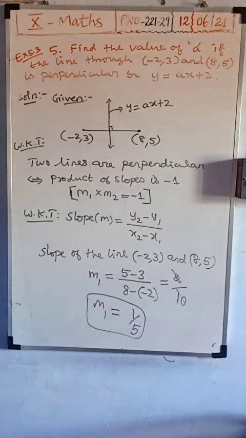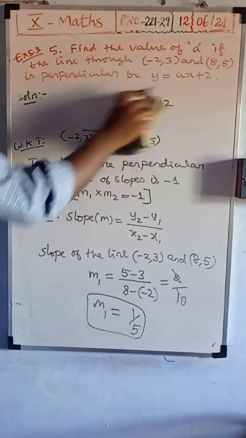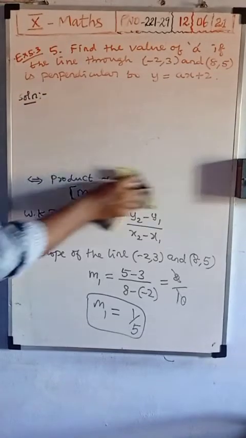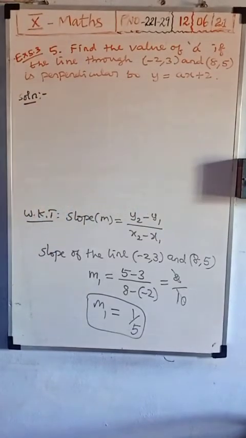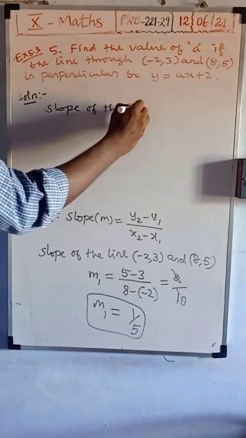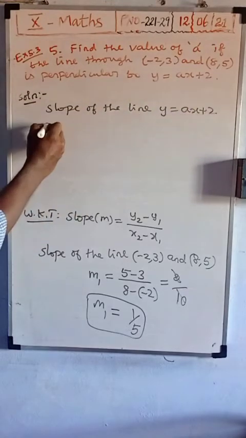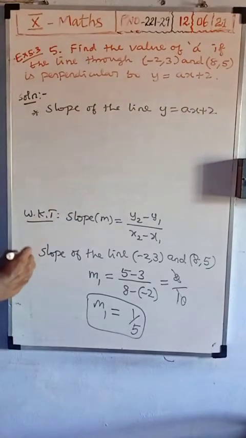Okay, next we want to find m2. This line is m2, the slope of the line. Next, the slope of the line y is equal to ax plus 2. Okay, this is the second one, this is the first one.